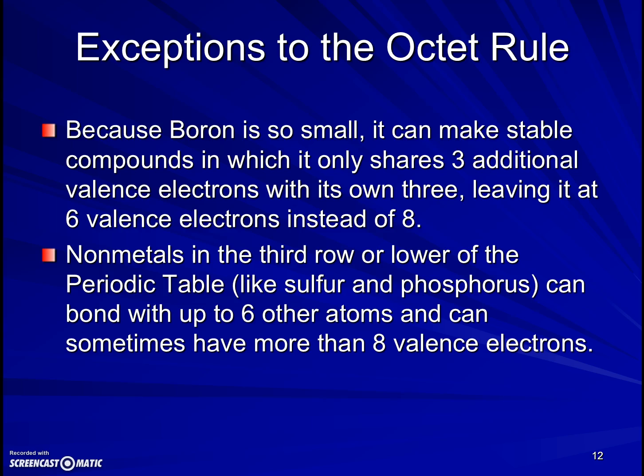Additionally, some atoms have more than 4, maybe 5 or 6 bonds, and therefore have more than the octet around them. This will only happen with elements in the 3rd row of the periodic table or lower, so sulfur, phosphorus, xenon, iodine, chlorine, and so on. It will not happen with 1st or 2nd row elements. And we'll work some examples of that in class as well.